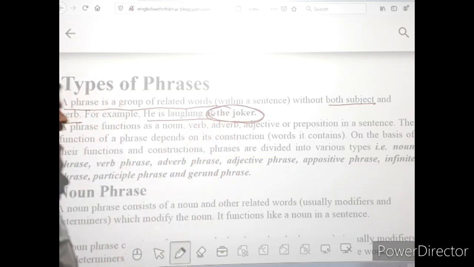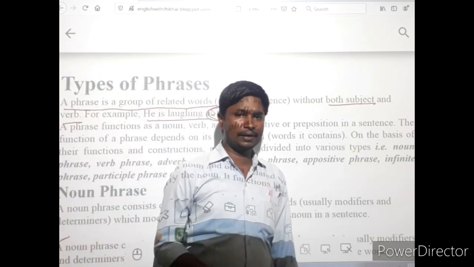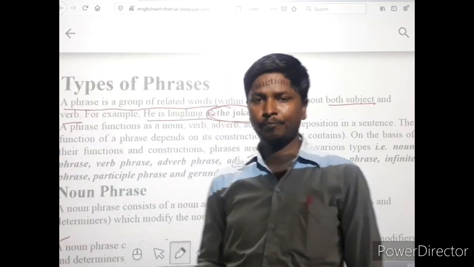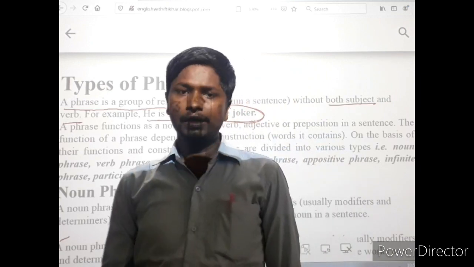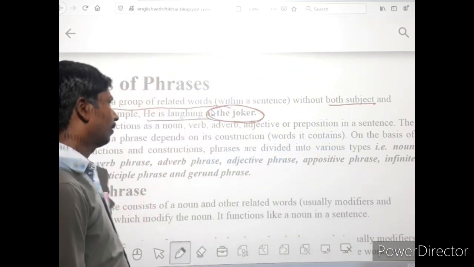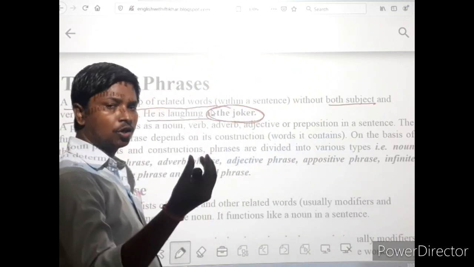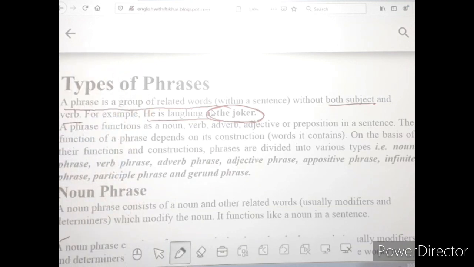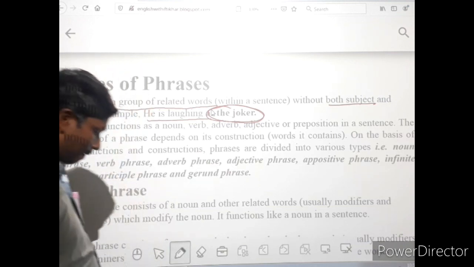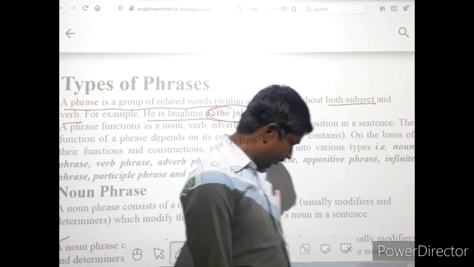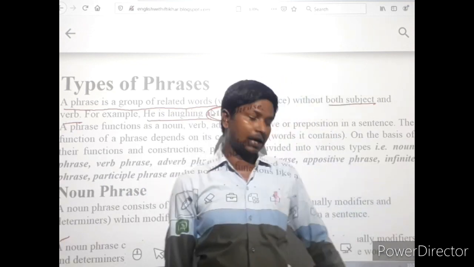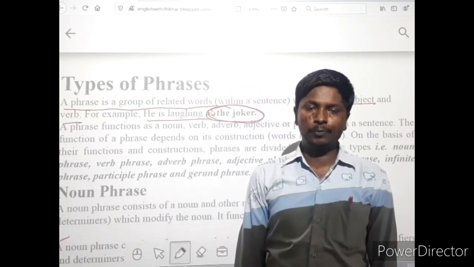A phrase has no subject and predicate, and also does not give a complete meaning but a little or some meaning. According to the function of a noun, there are three types of phrase in English grammar that you have to study.